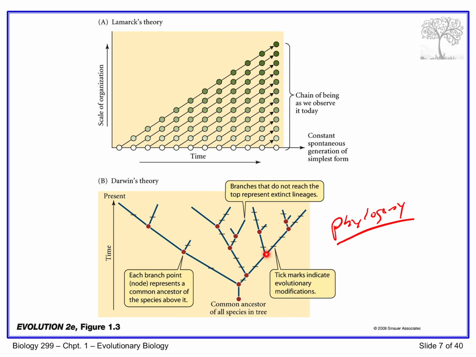This species, this one, and this one are related by descent from this common ancestor. All of these are related by descent from this common ancestor, and all of them ultimately are related by descent to this one common ancestor furthest back in time. And these little tick marks here represent major evolutionary changes, like going from 6 digits to 5, or loss of a tail, or whatever, right?